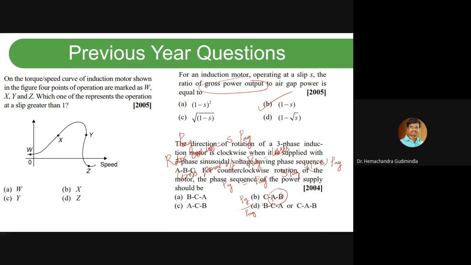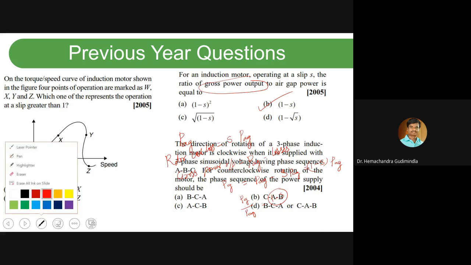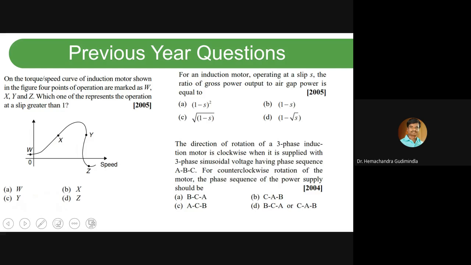Next, the direction of rotation of a three-phase induction motor is clockwise when it is supplied with three-phase sinusoidal voltage having phase sequence ABC. For counterclockwise rotation of the motor, this is like a fundamental question for your general class also.